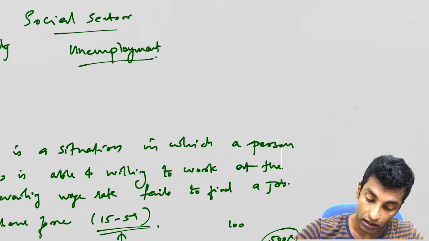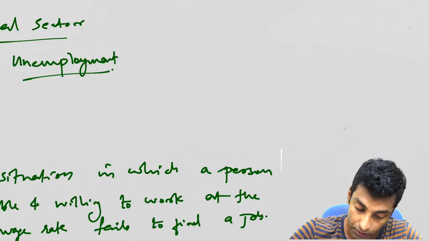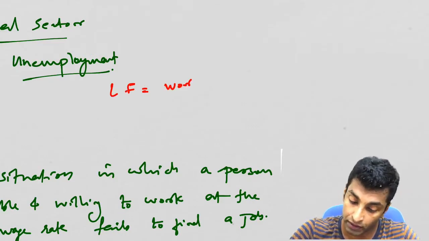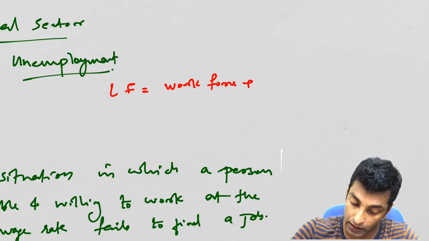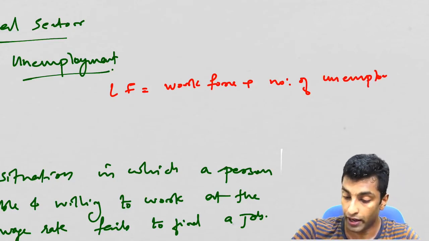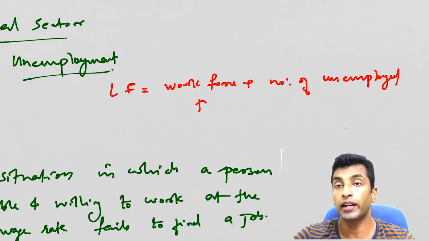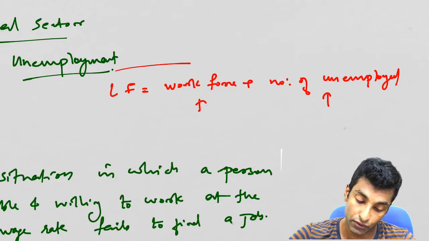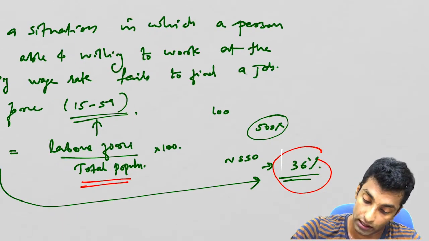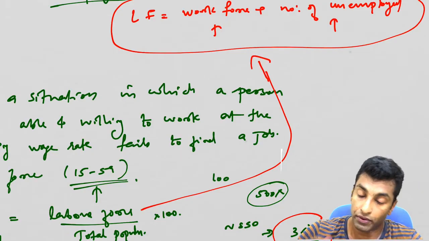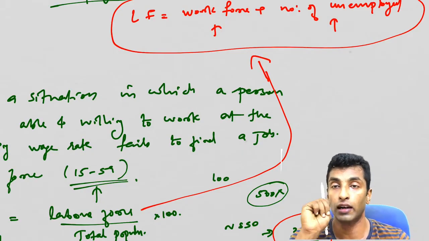Now, what is labor force? Otherwise, you can express it like this: labor force equals workforce plus number of unemployed. Workforce means they are already in a job, and number of unemployed means they are looking for a job. That is the total labor force.